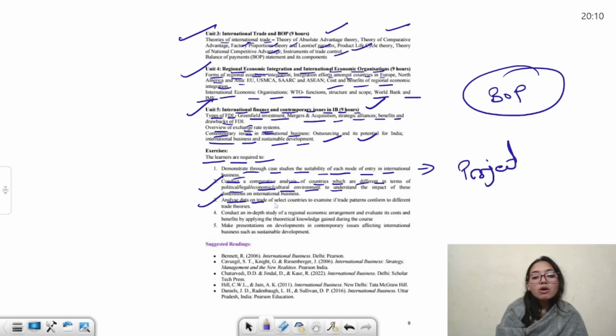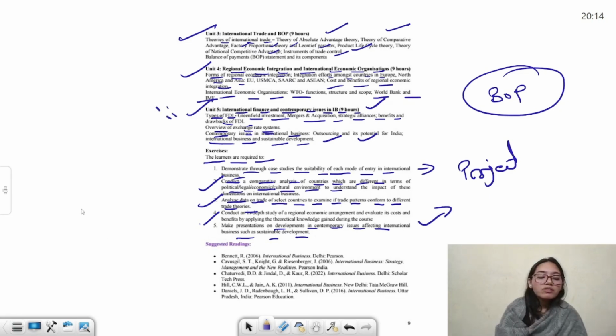We will analyze data on trade of select countries to examine if the trade patterns conform to different trade theories. Then we will make a presentation on developments in contemporary issues affecting international business such as sustainable development. We will do the project work in the class.